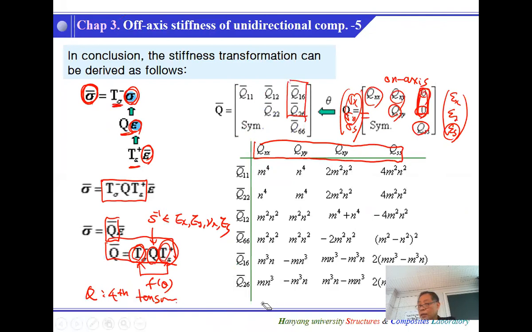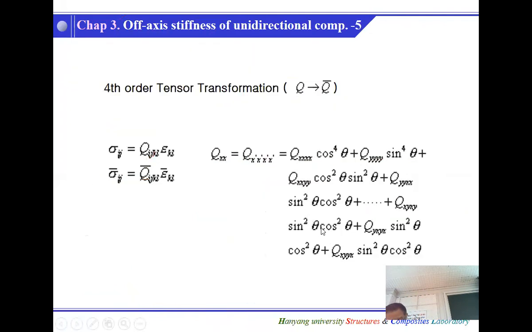And as you can see, Q is the fourth order, so always 4 times of either cosine and sine. All terms are fourth orders. This is what we have studied.